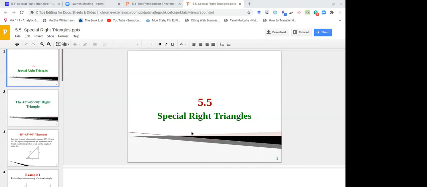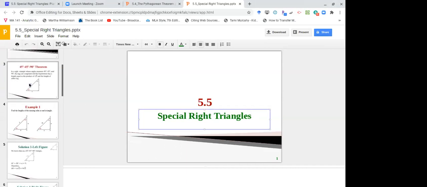There we go. Let me share my screen here. We're talking specifically about 30, 60, 90 right triangles and 45, 45, 90 right triangles. Those have very important properties that we're going to learn about in this section.